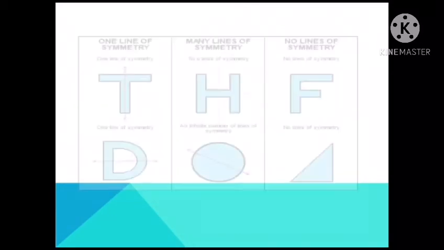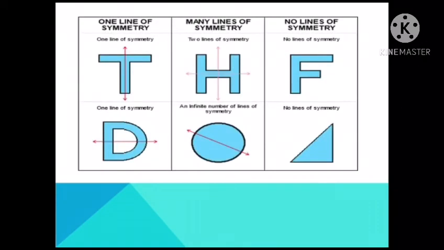I think you have got some idea. Yes. So we can divide with one symmetry line, like T and D, which are divided with one symmetry line. Second, many symmetry lines. We can divide it with as many symmetrical lines as give the same sides, like everything is a symmetry.